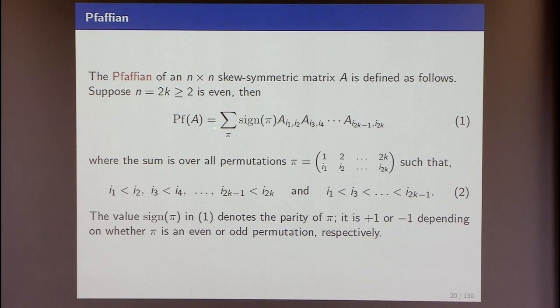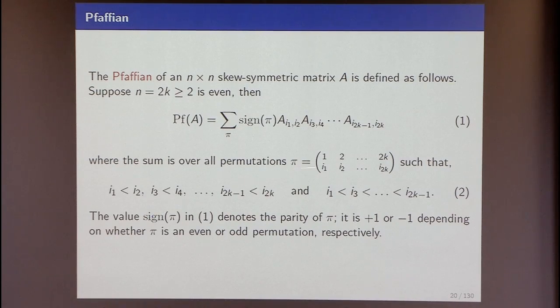So the sum is over all potential perfect matchings. If you think of this as an adjacency matrix, it gives a non-zero term if and only if it's a perfect matching, but with a sign. Okay, so is that clear? That's the definition of the Pfaffian.